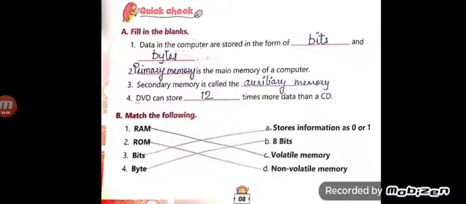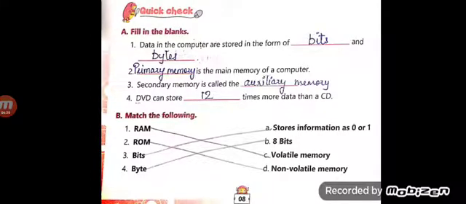Data in a computer are stored in form of bits and bytes. We have studied this in the previous video. Primary memory is the main memory of the computer. Secondary memory is called the auxiliary memory. DVD can store 12 times more data than CD.